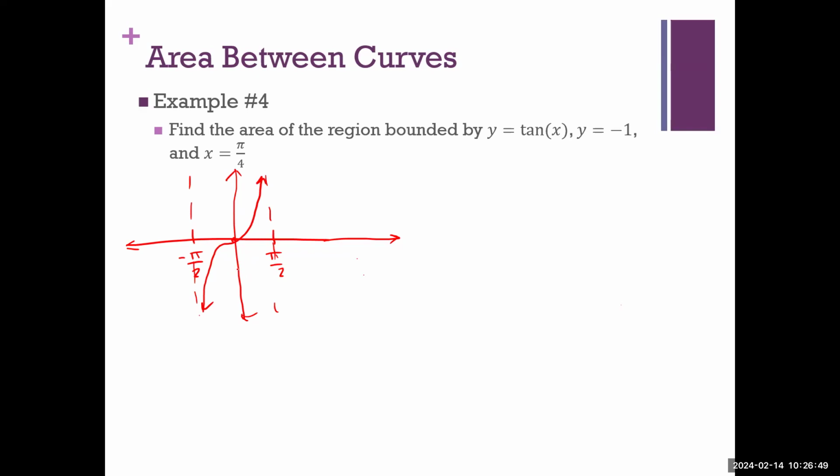Where's y equals -1? What other information do I have? X equals pi over 4. So not a great graph, but hopefully good enough to organize the things we want to do.